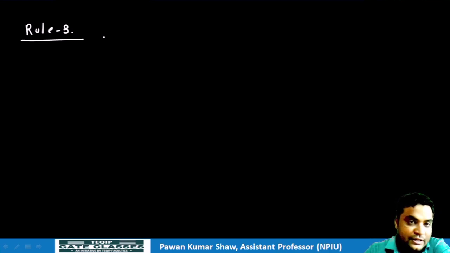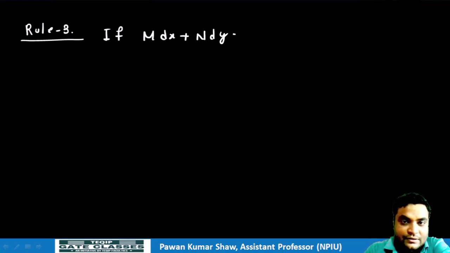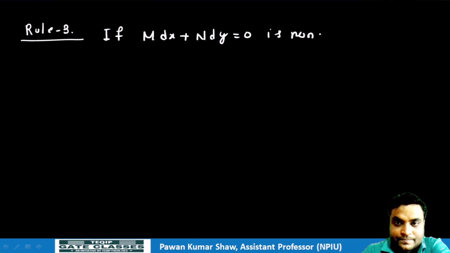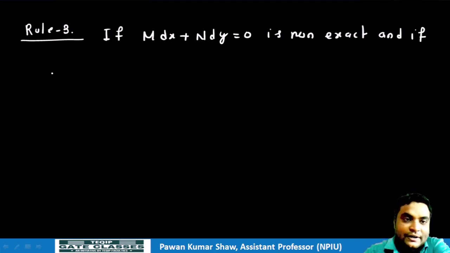Rule number 3: suppose M dx plus N dy equal to 0 is non-exact. Here there are two parts.